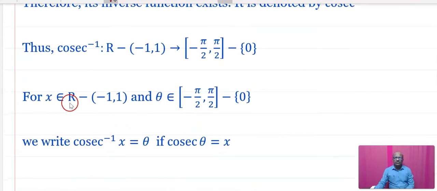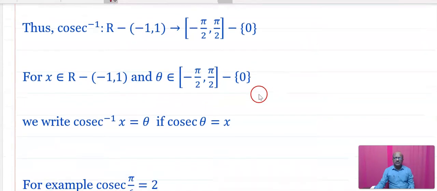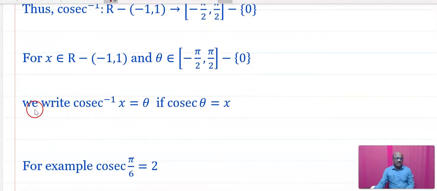For x belonging to R minus the open interval minus 1 to plus 1 and theta belonging to the closed interval minus pi by 2 to plus pi by 2 minus 0, we write cosec inverse of x is equal to theta if cosec theta is equal to x.